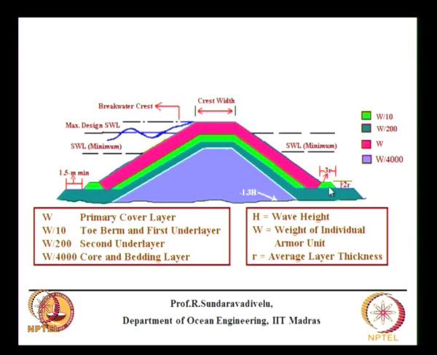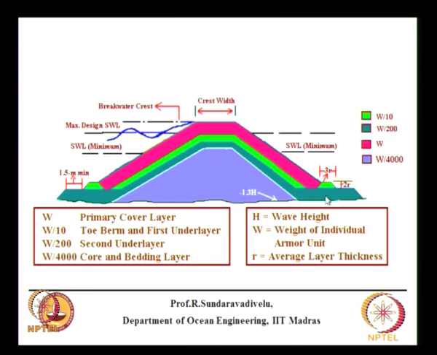Similarly, for calculating the toe berm width and depth I have given some parameter, but it also depends on the average layer thickness. Typically the thickness of any layer is twice the thickness of armour units. So the average layer thickness of armour unit or bedding layer or toe berm layer, if this is 1.5 meter, you have to provide twice that.